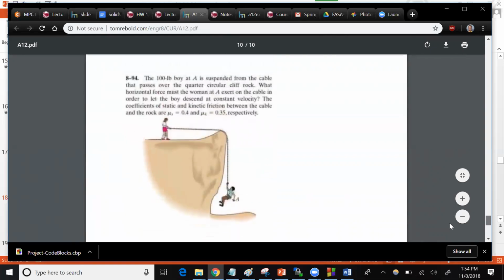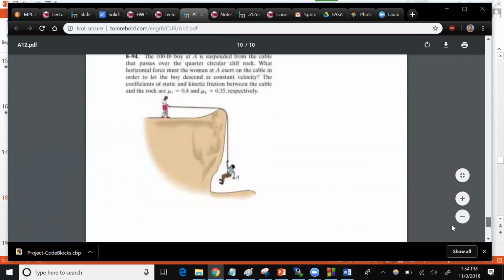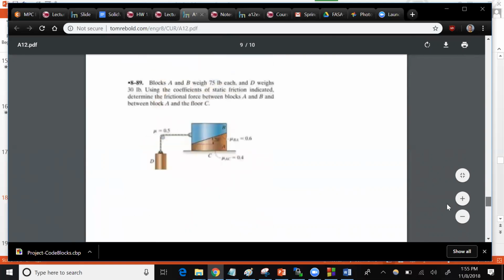And then the infamous boy on a rope. That's the only one where we're using peg friction. This is belt friction there, right? So there are only 2 problems with belt friction, and 1 wedge problem.